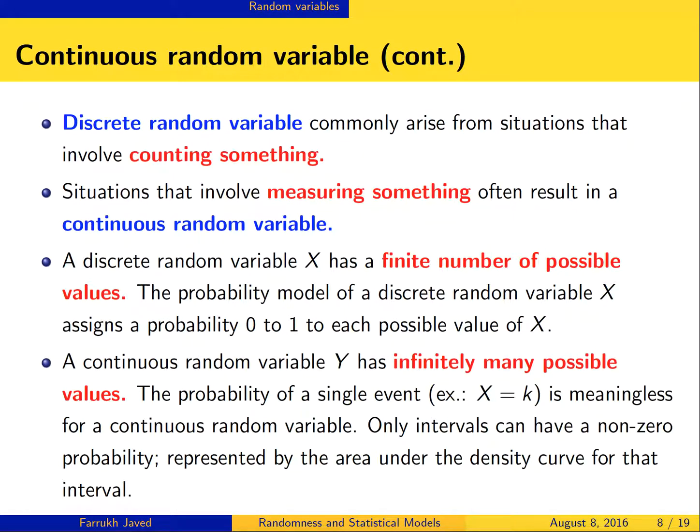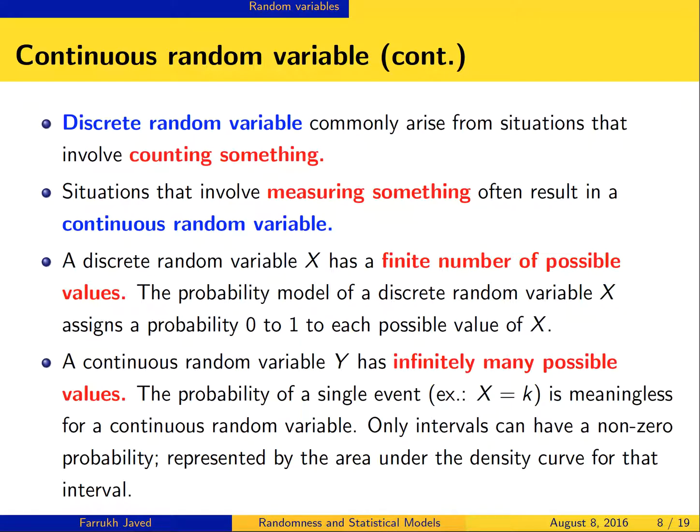Discrete random variables commonly arise from situations that involve counting something, for instance. Situations that involve measuring something often result in a continuous random variable. A discrete random variable x has a finite number of possible values, as we have noticed in a previous example as well. The probability model of a discrete random variable x assigns a probability from 0 to 1 to each possible value of x.